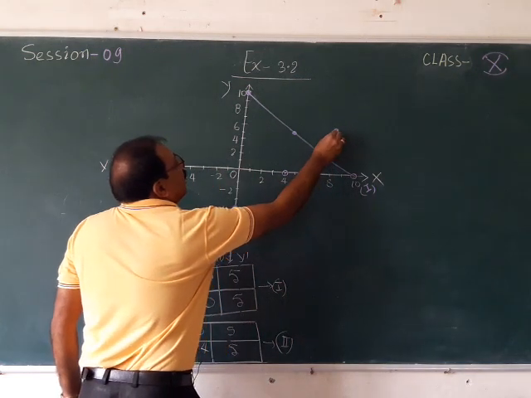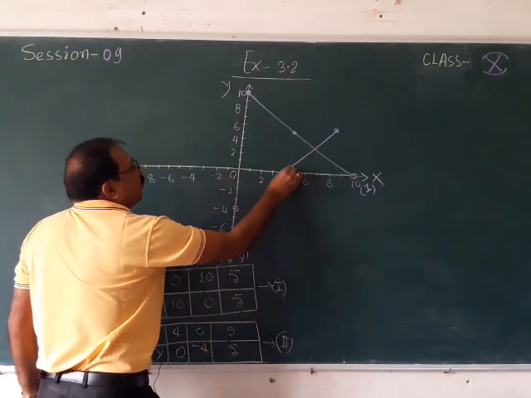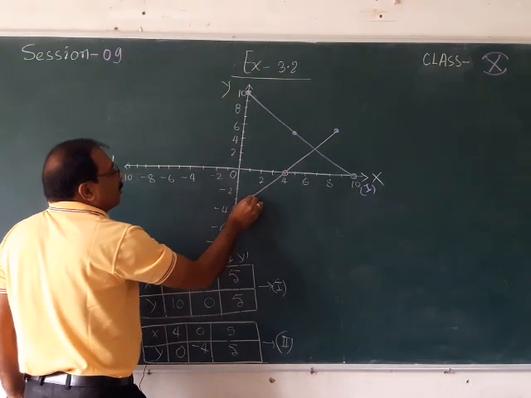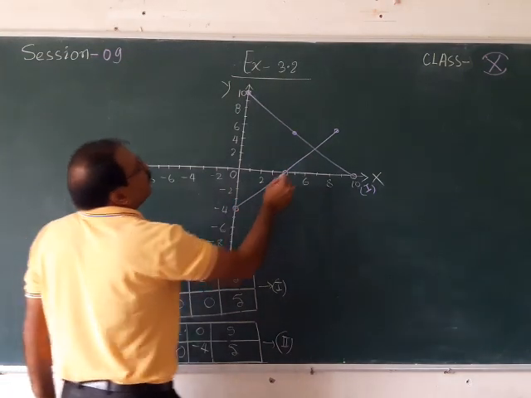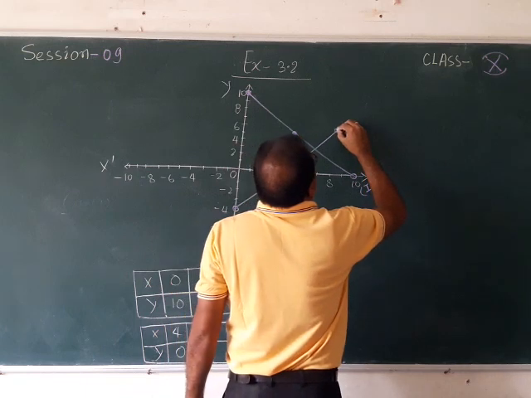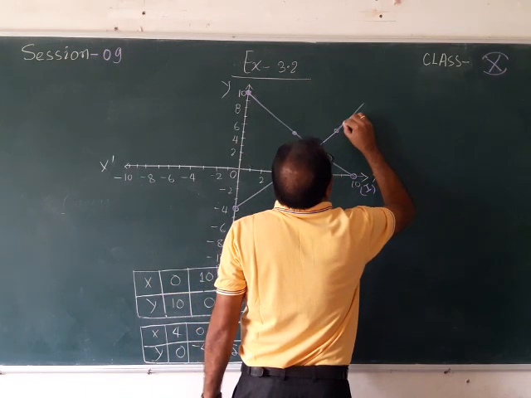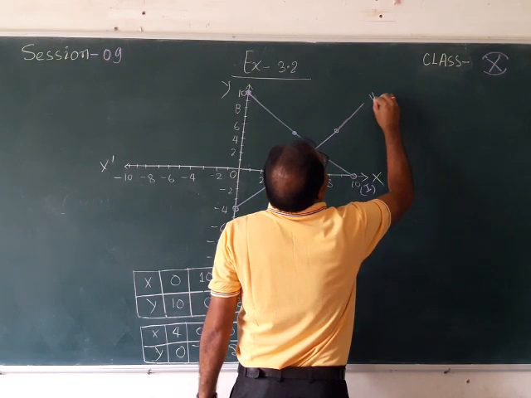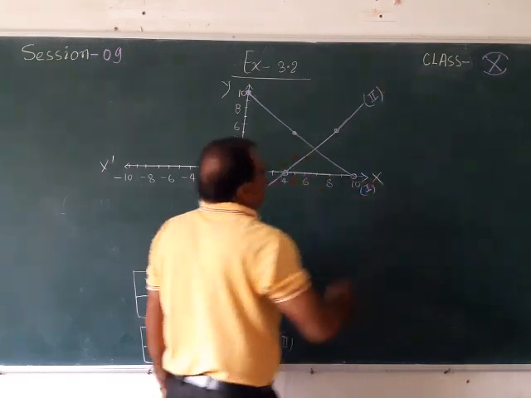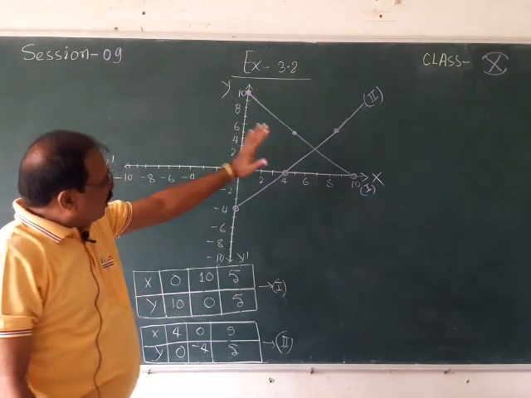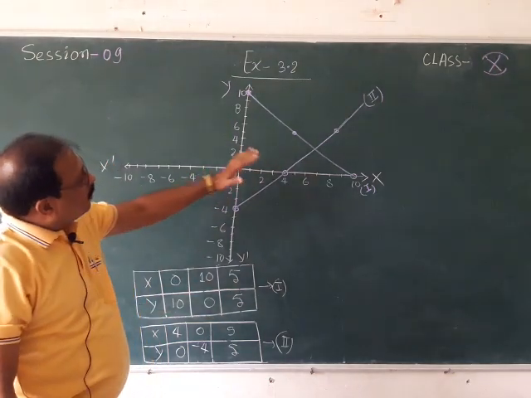Now I will join these points freehand or using your scale, because it is a linear graph. You can use your scale. So the nature of the graph is near about like that. I cannot say exactly from where this graph will pass, but nearly the graph is passing like this.